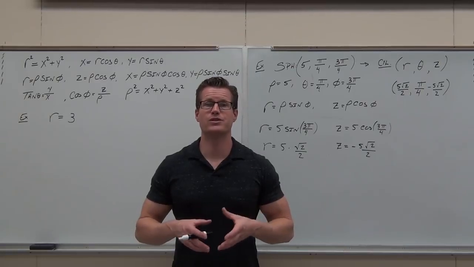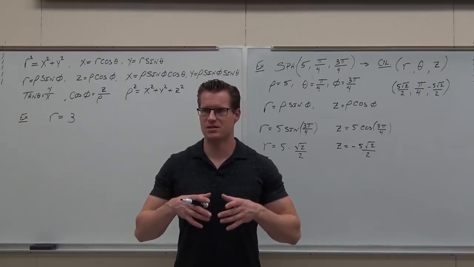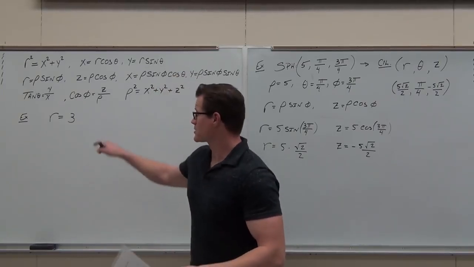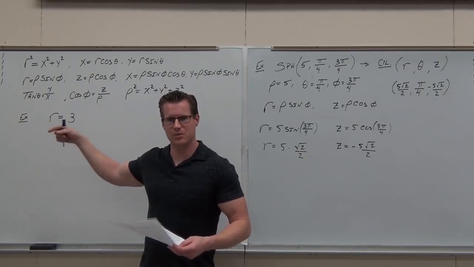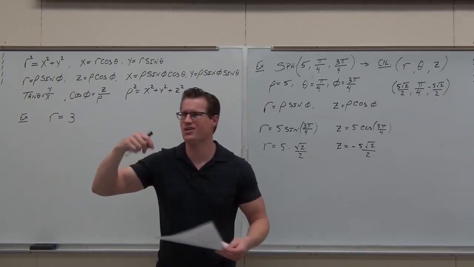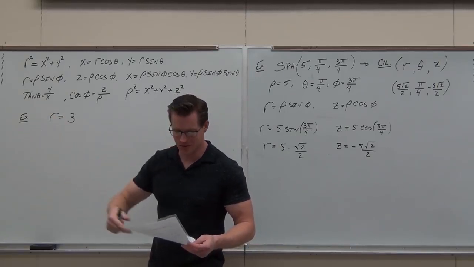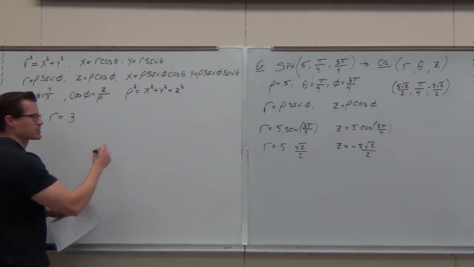Now, where is it going along? It's going along the z. That's pretty nice to describe a cylinder, isn't it? But we're not used to it, because mostly when we think about these pictures, they're all in x's and y's and z's. So I know it's a cylinder, I know it's a radius of 3, and I know it's along z.